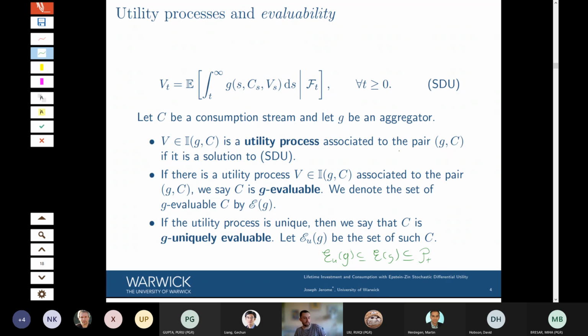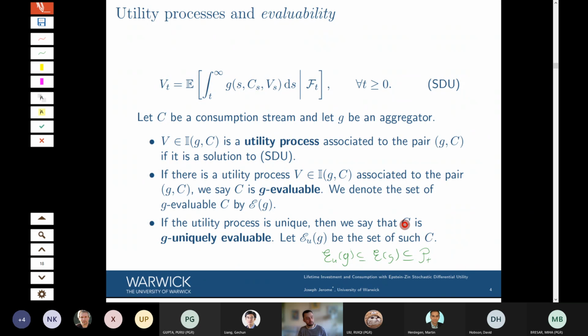So, okay, this presents us with two issues. The first one is, what if this is a strict containment? What if script EU is not equal to script E? So the evaluable strategies are not all uniquely evaluable.